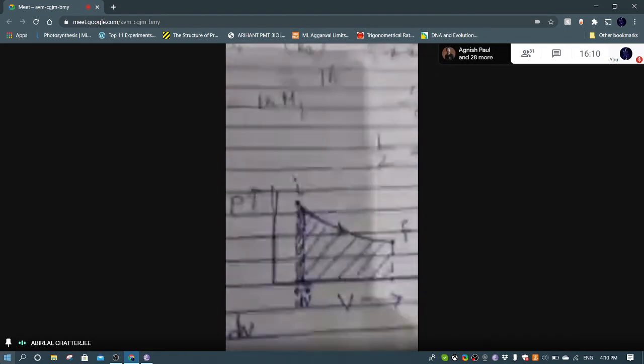You take a small strip, dV. So what is the area of this small strip? Length into breadth, P into dV.